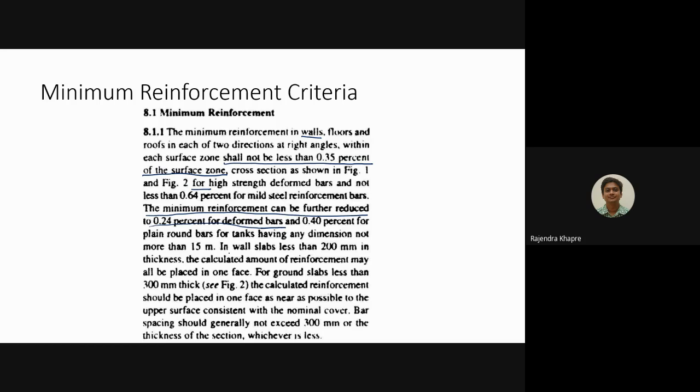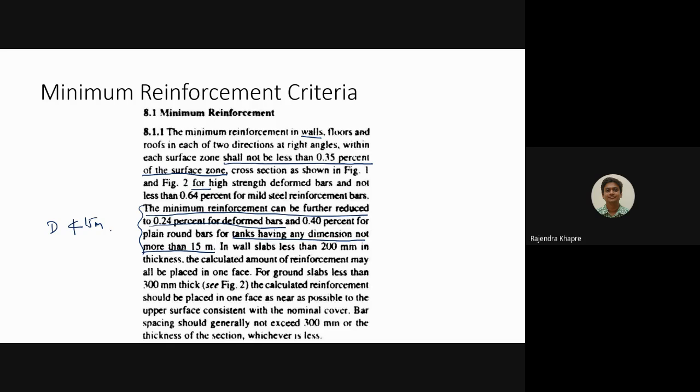And this is applicable only when the tank has dimensions not more than 15 meters.